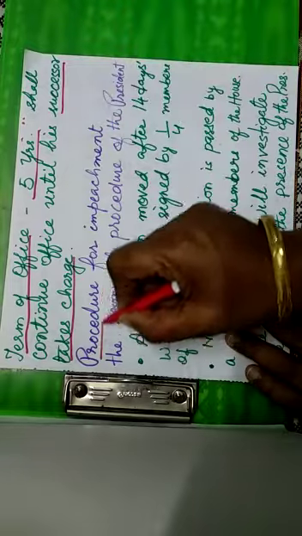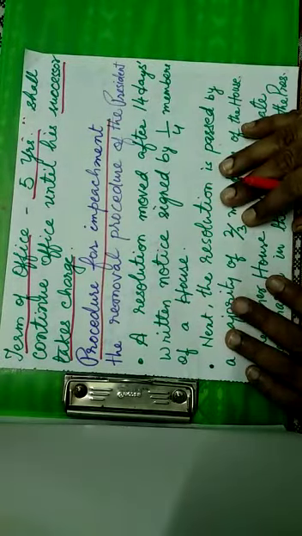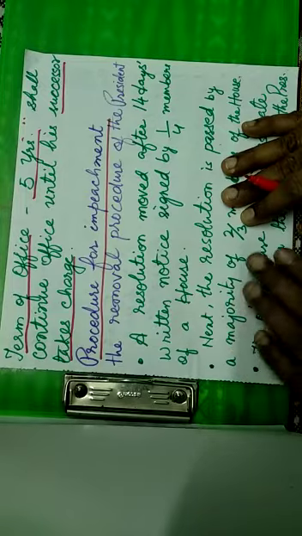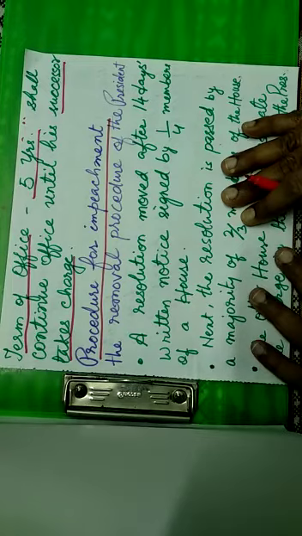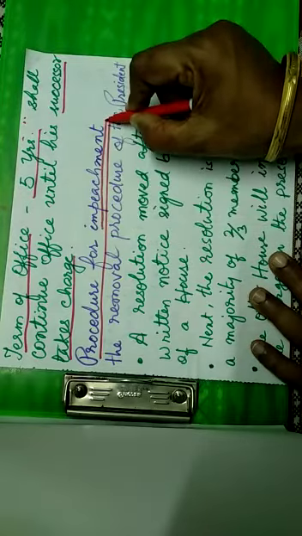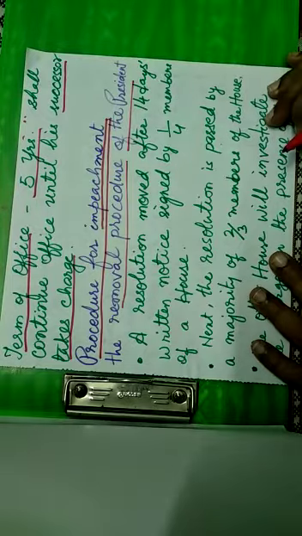Next comes the procedure for impeachment. The President of India is elected by the elected members of parliament, by the elected MLAs of all states and 2 union territories. While how will the president be removed? The procedure for removal of the president is known as impeachment.